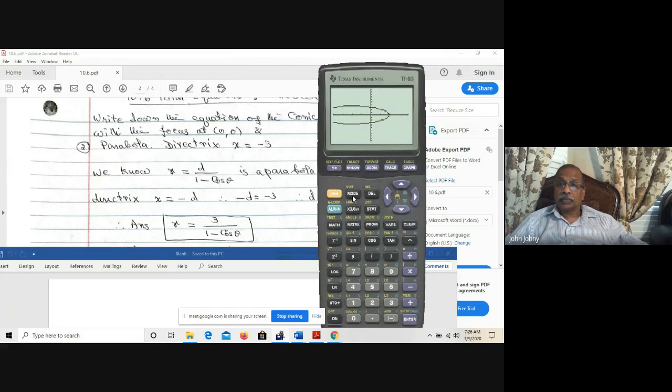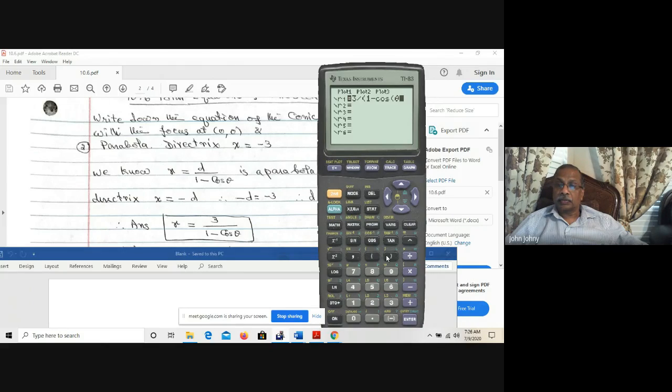On the calculator, you have to make the mode polar mode. So, here it is. Function parametric polar, and then you set the window, let it be from negative 10 to 10. r is equal to 3 divided by 1 minus cosine theta.